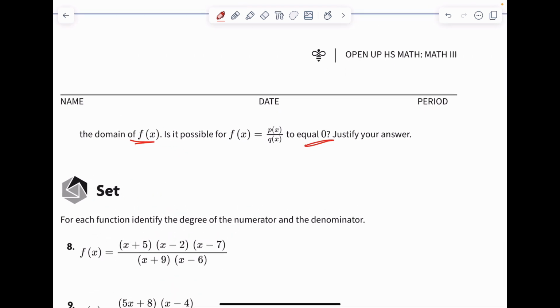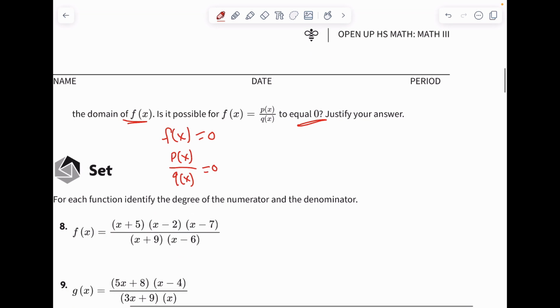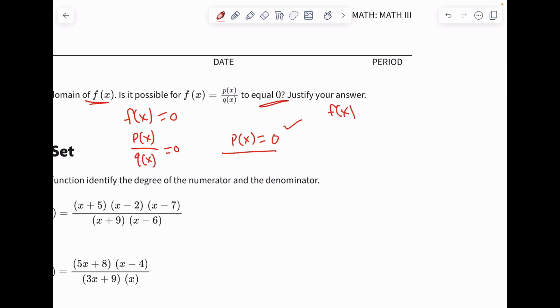If p of x over q of x equals 0, that means p of x is equal to 0. So f of x can equal 0 if p of x equals 0, as long as q of x does not equal 0. Okay, cool.